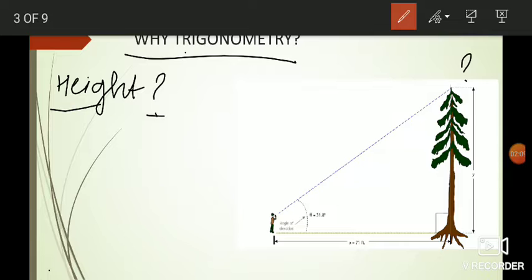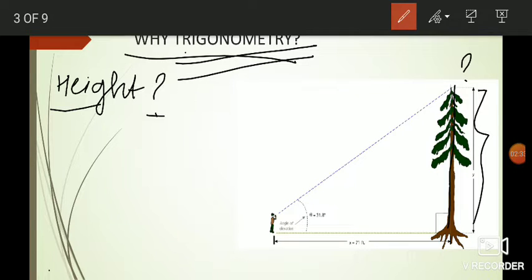But now we are not going to ignore this question and we are going to investigate it and find out exactly what is the height of this tree. This height of the tree you can find by using the branch of mathematics that is called trigonometry.